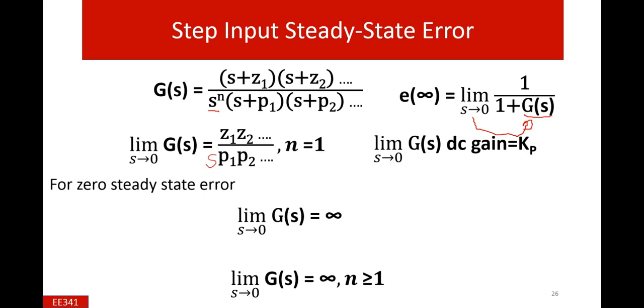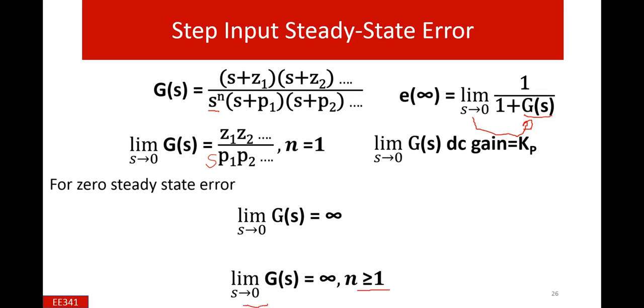Similarly, this is observed in this case: if we find the steady state error for step input, and n is greater than or equal to 1, then this term is infinite for s equal to 0.